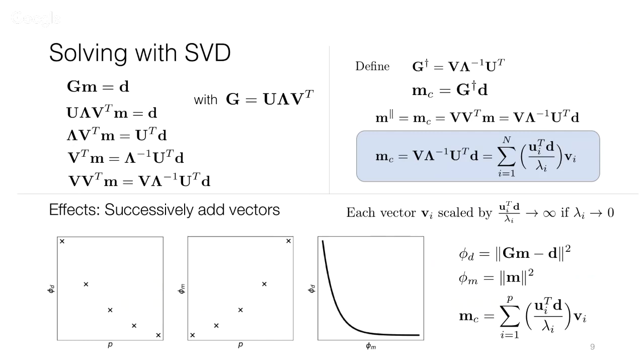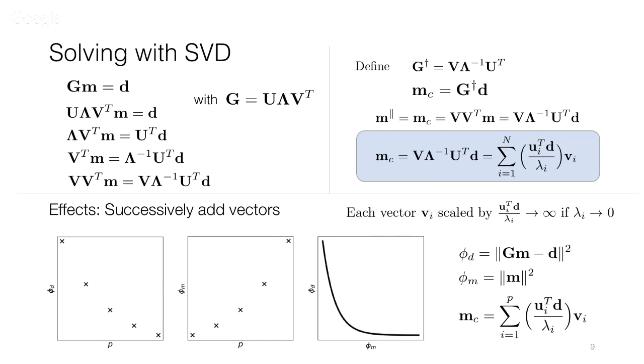If we write this out in terms of vectors, it's the same as doing a sum of each eigenvector u_i projected onto the data vector D, divided by lambda. So that's a coefficient that I'm going to multiply the basis vector in model space by.